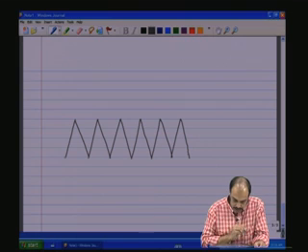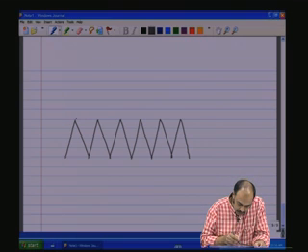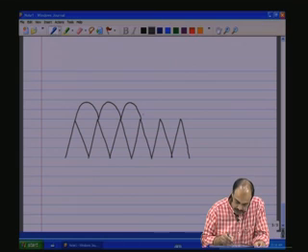Once you have drawn these triangles, you interconnect these triangles with these curved superstructure, as I am showing, and likewise in the bottom.